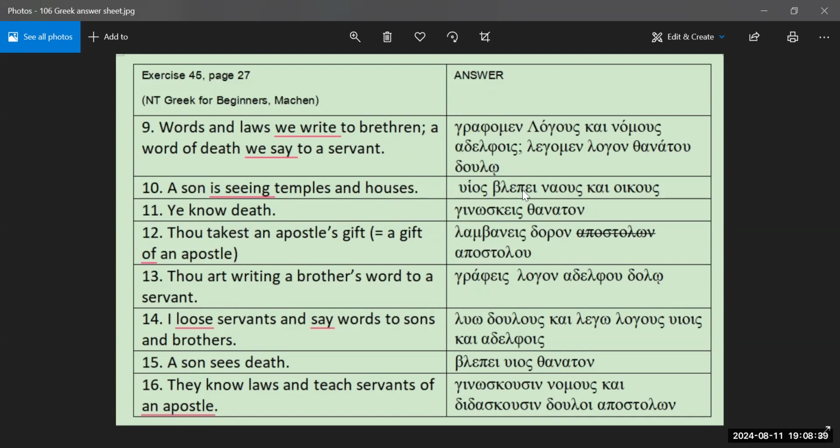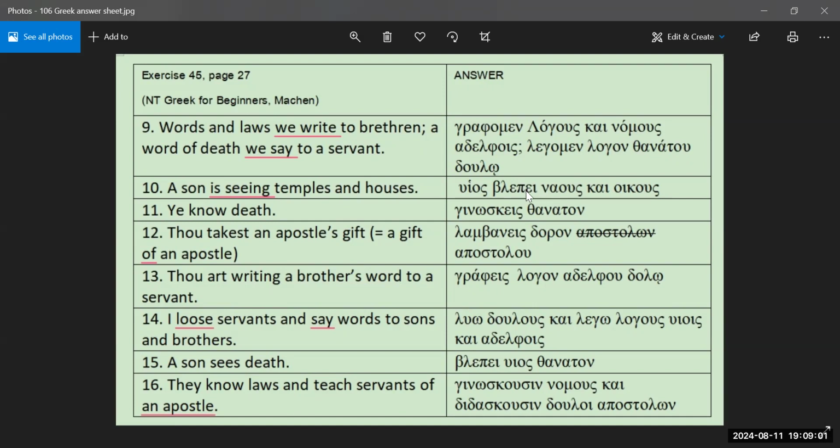Here you have the verb, and it's the third person singular ending. If you remember in the endings, you have blepo, that's first person, blepeis, second person, that would be you see, and then the third person, he, she, it sees, is blepei.